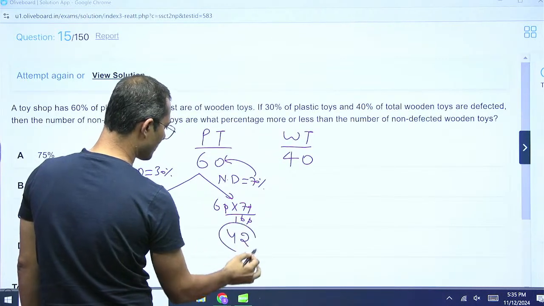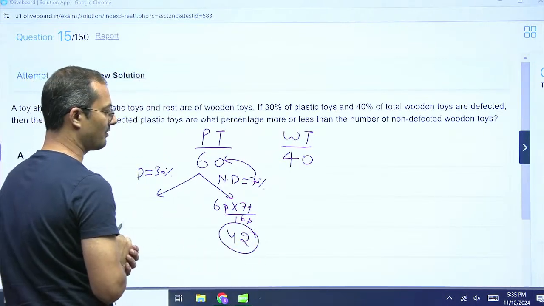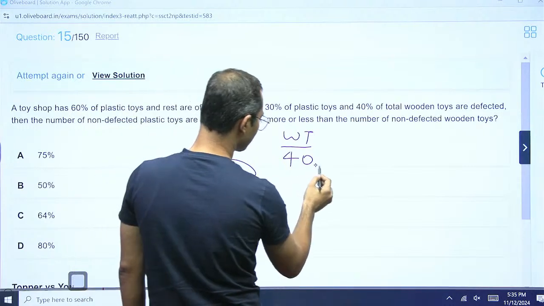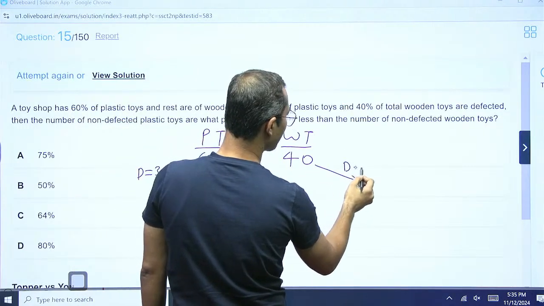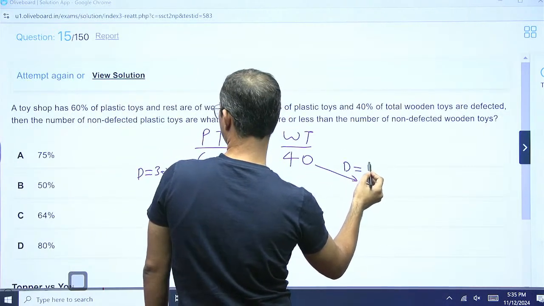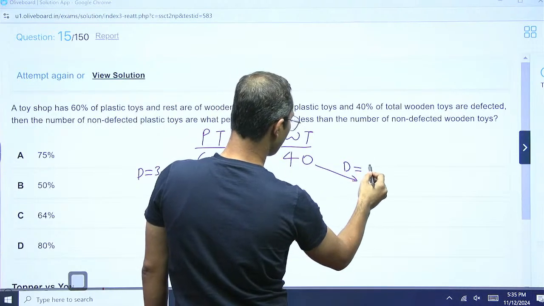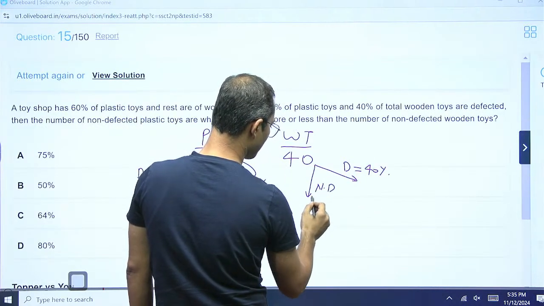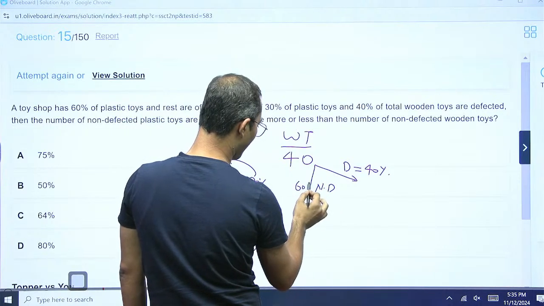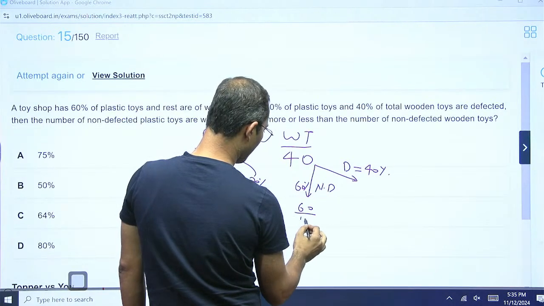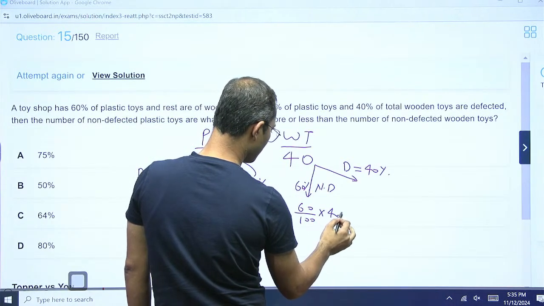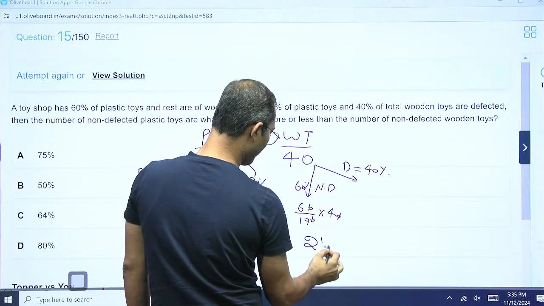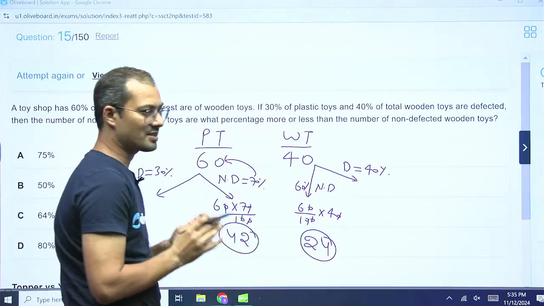So 42 plastic toys are non-defective, right? Likewise for wooden, the defective is 40%, so non-defective is 60%. 60% of 40, so 24 wooden toys are non-defective.